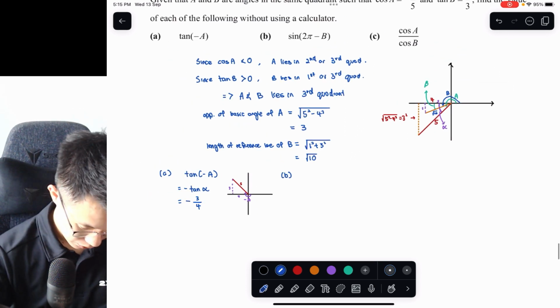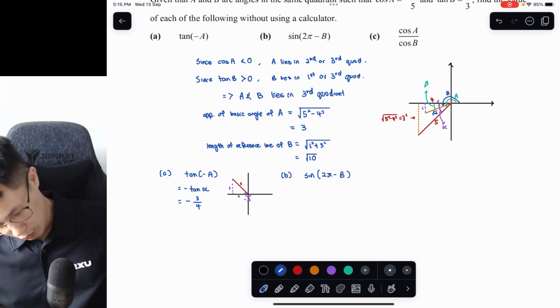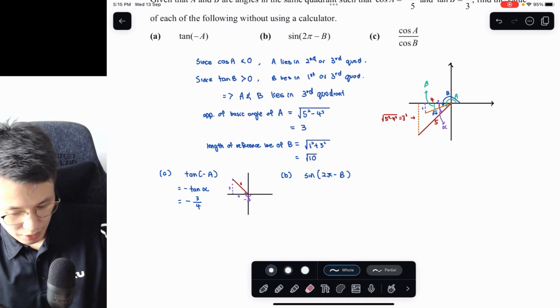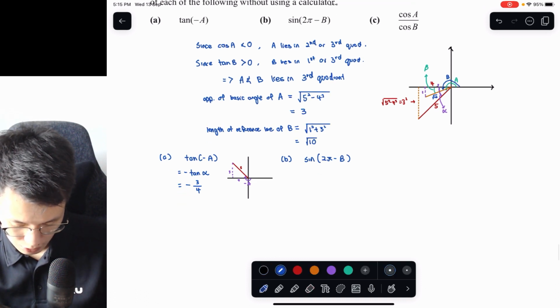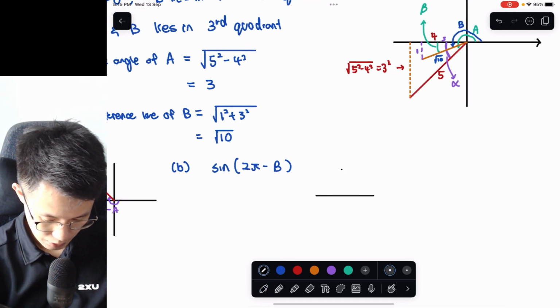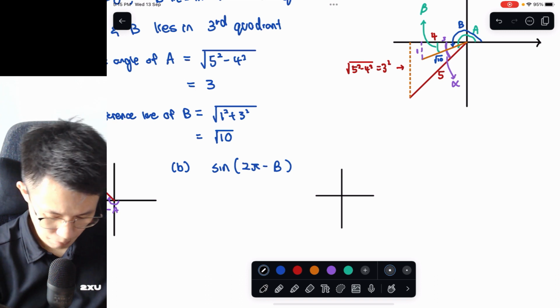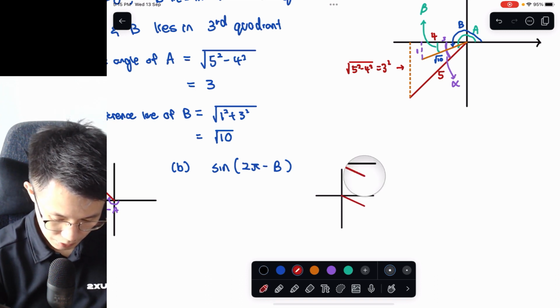Next we have B, which is sine of 2 pi minus B. 2 pi minus B is in fact lying in the fourth quadrant. So if we were to draw it here, 2 pi minus B is here. It is a mirror image about the x-axis, right?